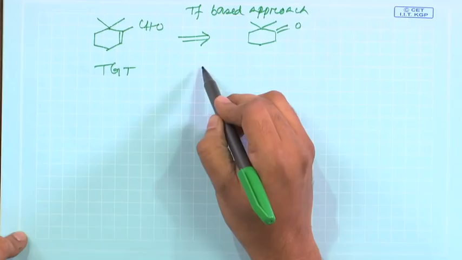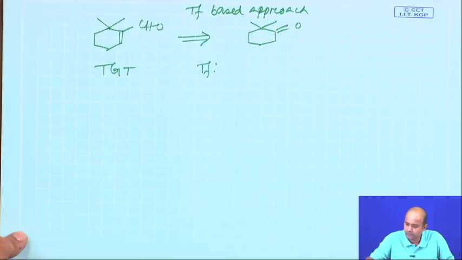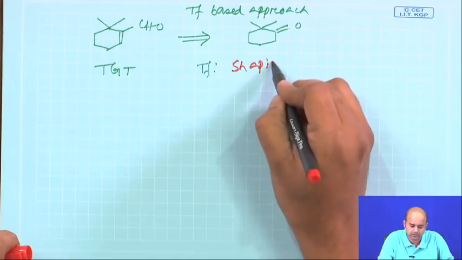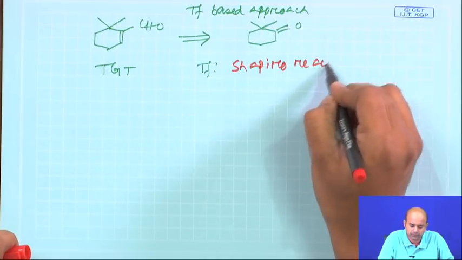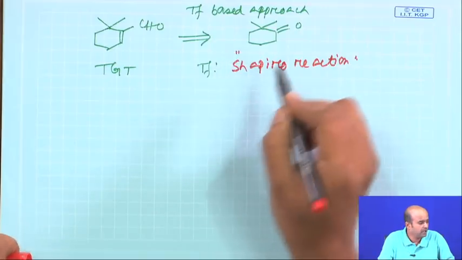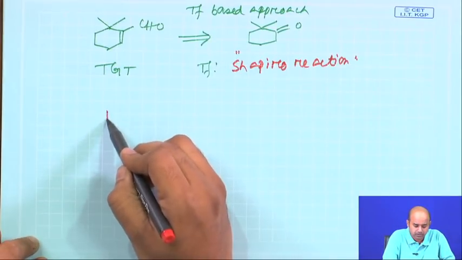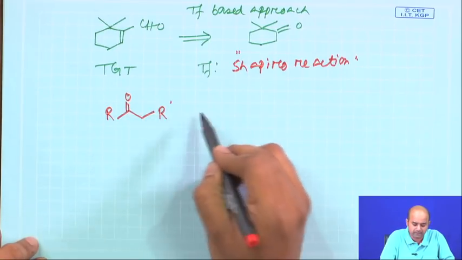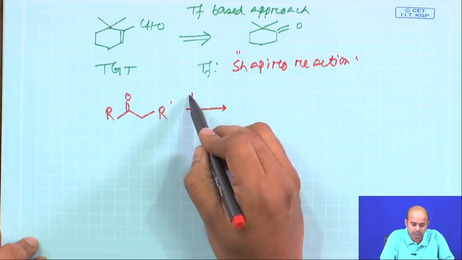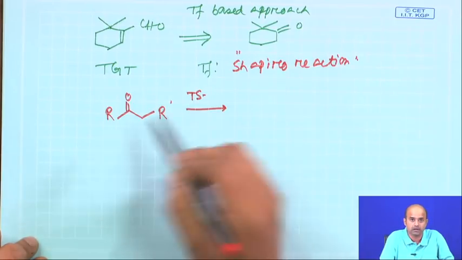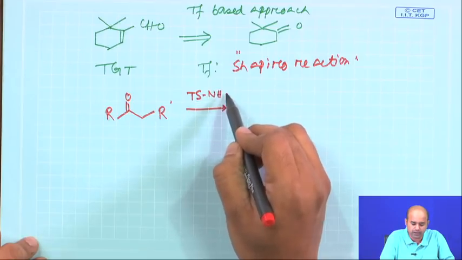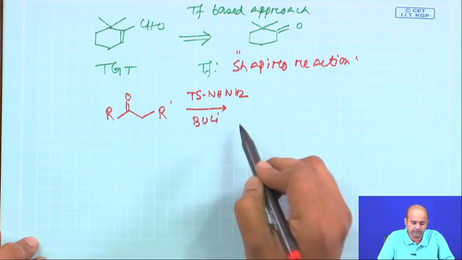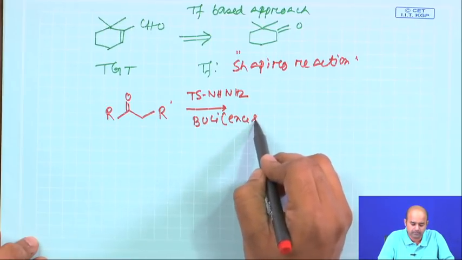The transformation we will now be targeting is named the Shapiro reaction. Now, the Shapiro reaction is a very useful reaction. In the original Shapiro reaction, it was based on a ketone having alpha hydrogen, and it was reacted with tosyl hydrazine in the presence of excess base, either butyl lithium or methyl lithium.